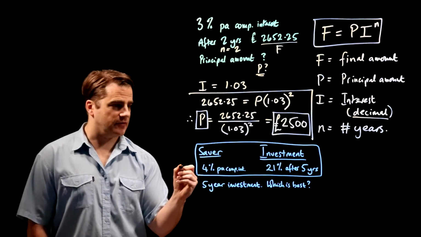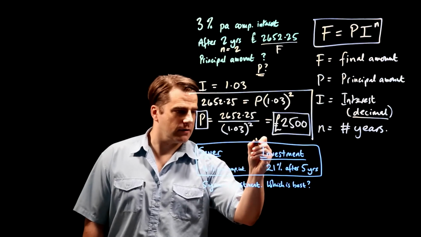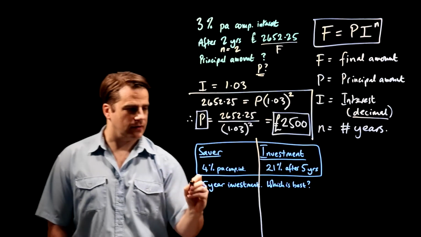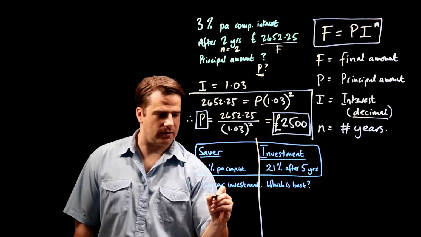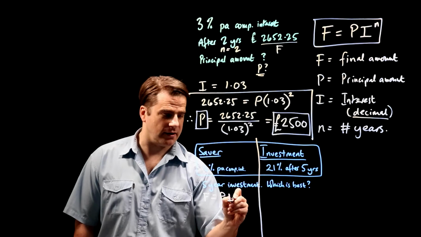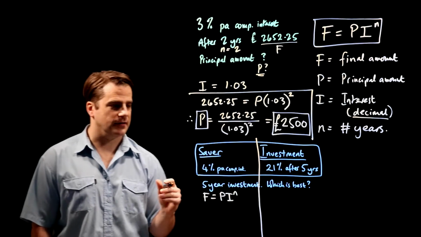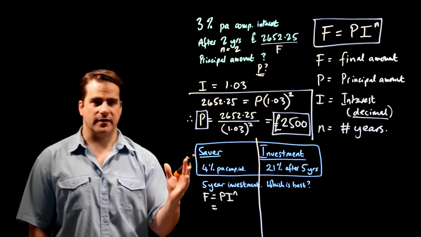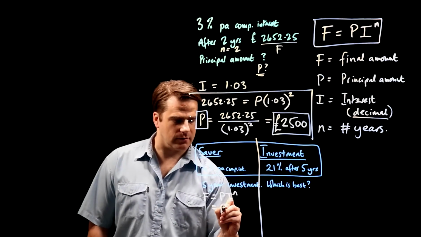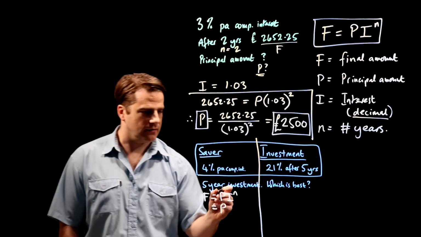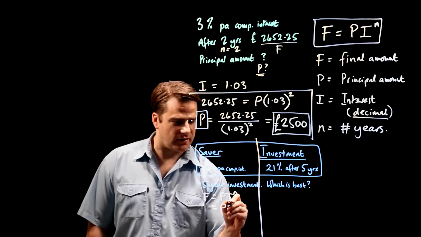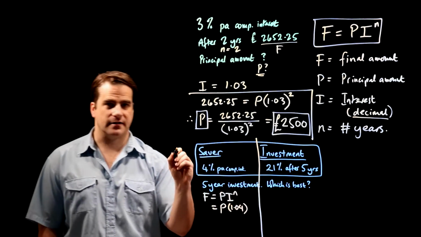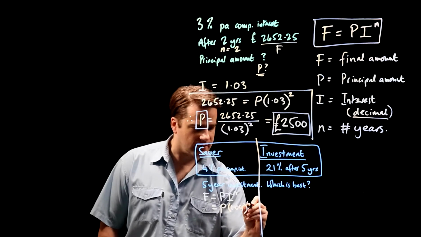Okay, let's start with the saver. The final amount for the saver is going to be PIN. Okay, it's compound interest. We don't know what the principal is. We'll just call it P. The interest is 4%, so that's 1.04. And it's 5 years, so it's 5.